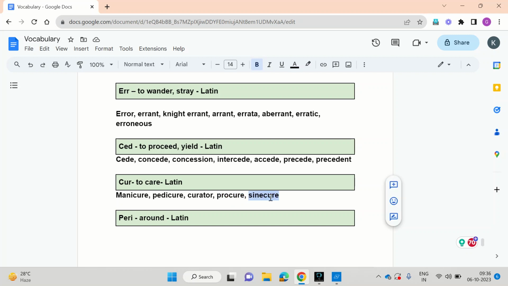Sinecure. Sin means without cure, without care. What do you mean without care? This word you use for sinecure positions. These are positions freely offered by the government. For whoever their loyal people are, they give those positions without care, randomly.